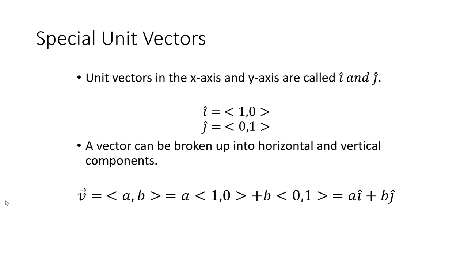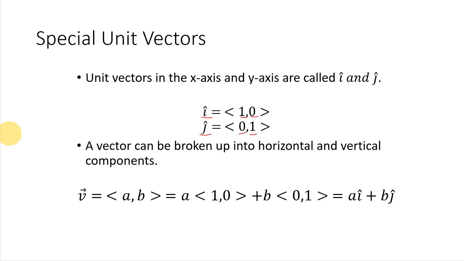So for now, special unit vectors. There are certain unit vectors, specifically a unit vector in only the horizontal direction. Literally, this is a special unit vector i, and a special unit vector j. The components are 1 in the horizontal and 0 in the vertical for vector i. For vector j, we have 0 in the horizontal and 1 in the vertical.